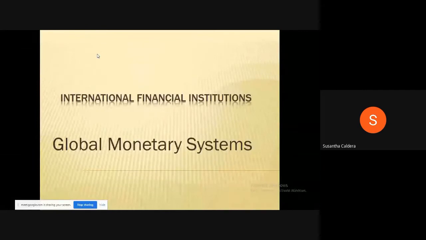Now we talk about the central bank. Central bank is a local financial institution that helps the trade finance operations. Now we are going to discuss the international financial institutions and how they are supporting the global monetary systems and especially international trade operations.